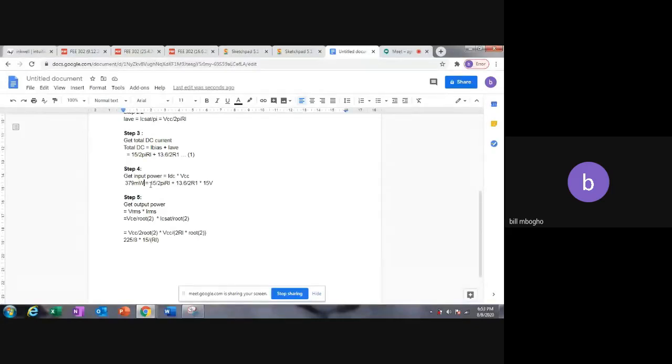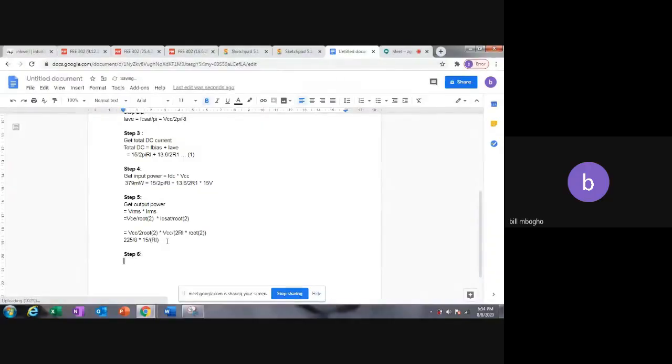Total power consumed, which is the power we input. And then the total output power is this monster thing, yeah, 225 over 8 times RL. And then next is to get the efficiency. Get efficiency. The efficiency is the output power divided by the input power times 100.